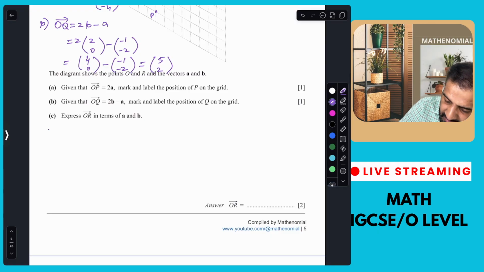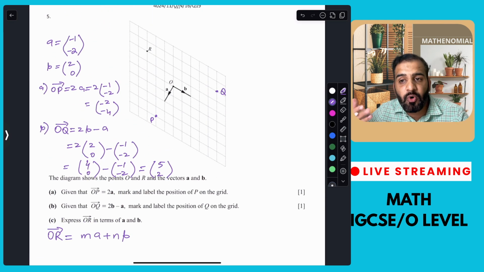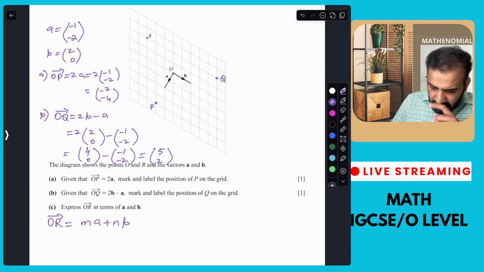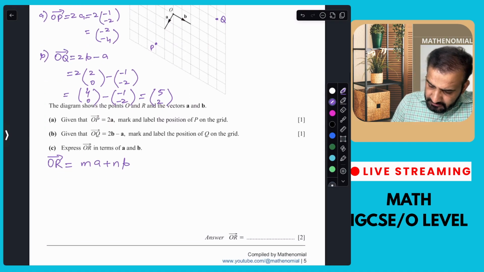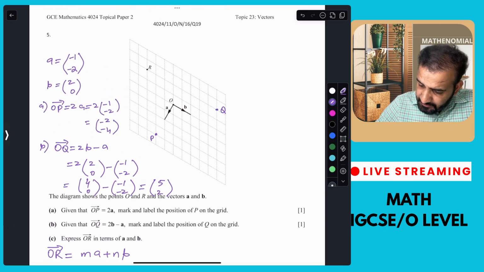तो इसमें आपने करना यह है कि आपने खुद सिलेक्ट कर लेना है कि OR जो है वो m times A plus n times B है, because we don't know how we can express OR in terms of A and B. So let's say m times A plus n times B is OR. So let's write OR first. अच्छा, मैंने OR लिखा ही नहीं था.